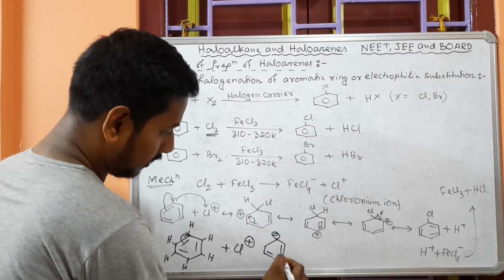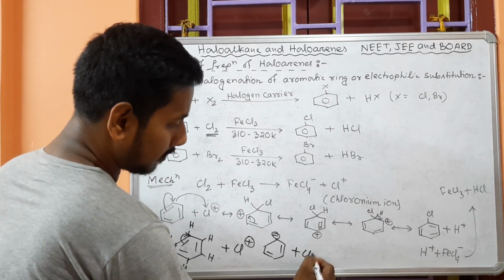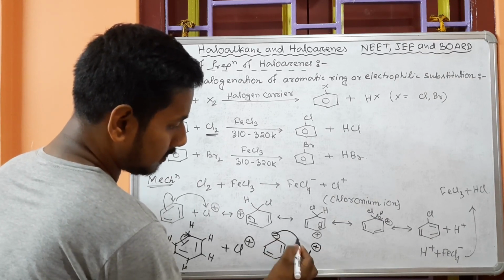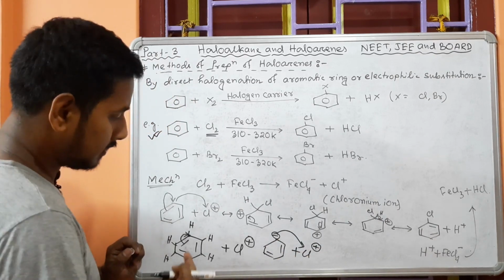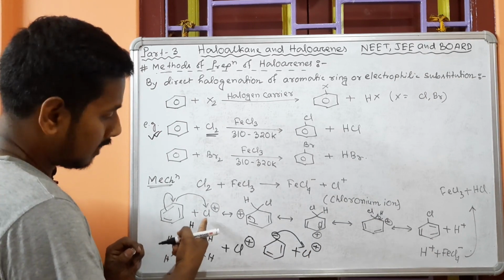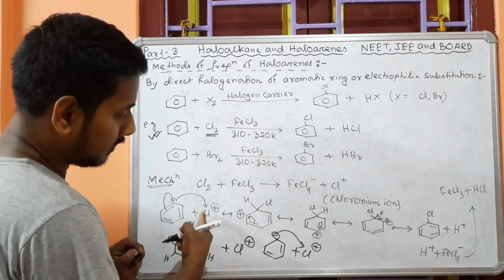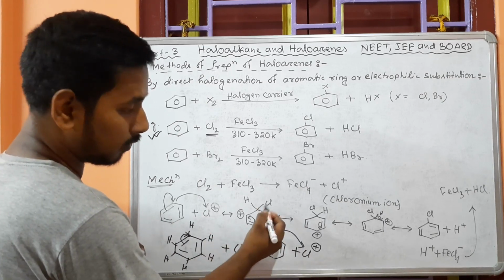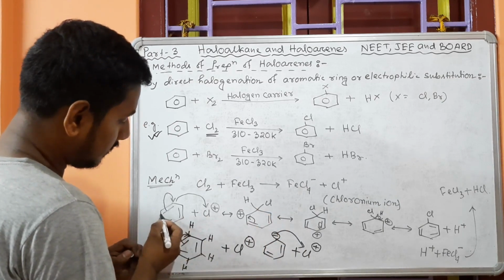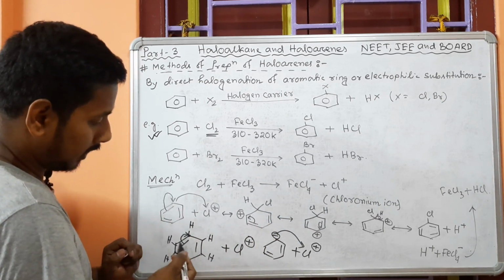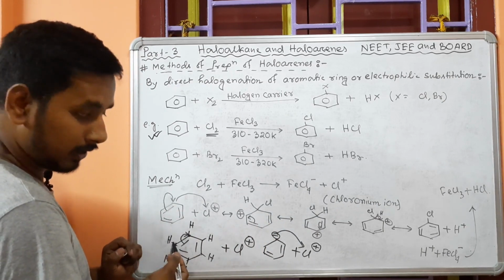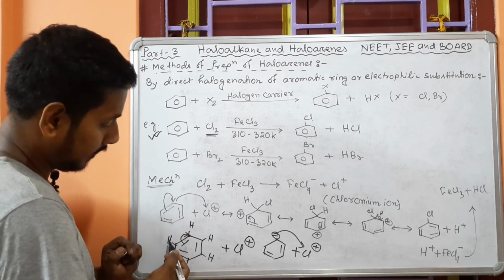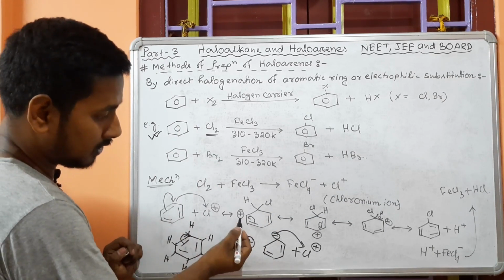Here you have double bonds, and in the reaction medium you have Cl plus, and this minus attacks the Cl plus in this way. When it attacks, a bond forms, and as the electrons have gone to this carbon atom, the other carbon here has a positive charge.